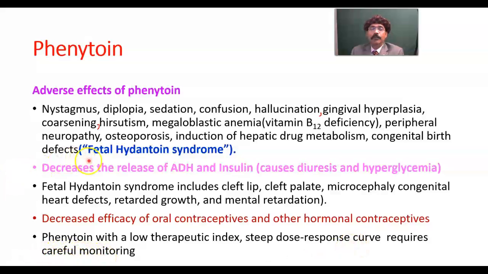Remember that phenytoin decreases the release of antidiuretic hormone, stored in the hypothalamus and posterior pituitary, and also insulin from the beta cells of the pancreas. So it may cause hyperglycemia.